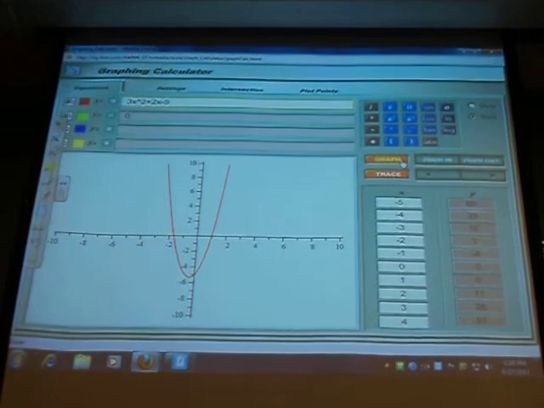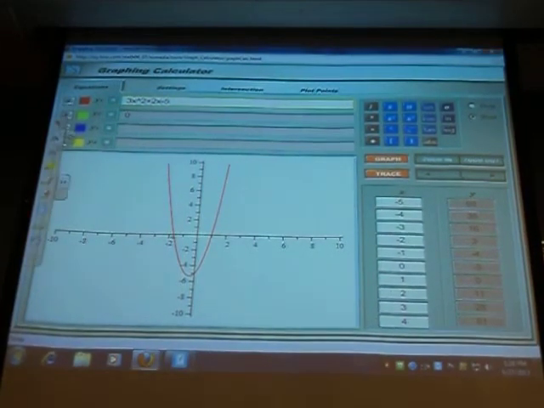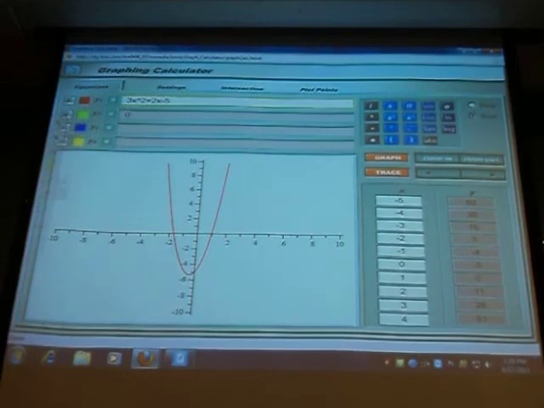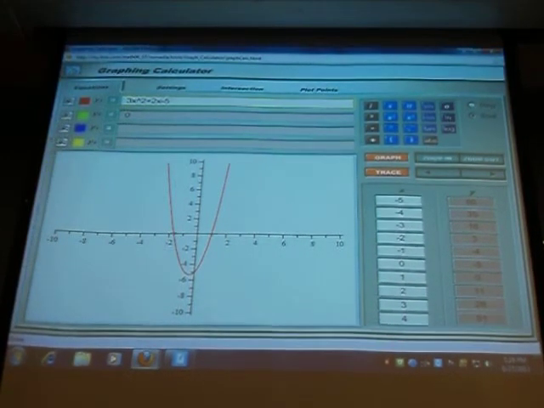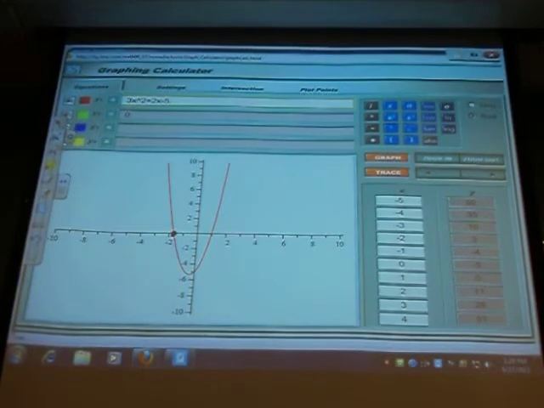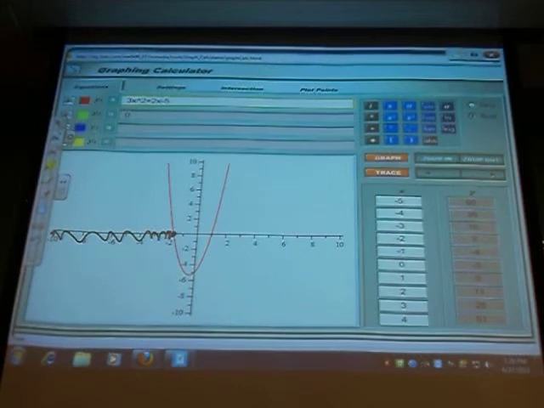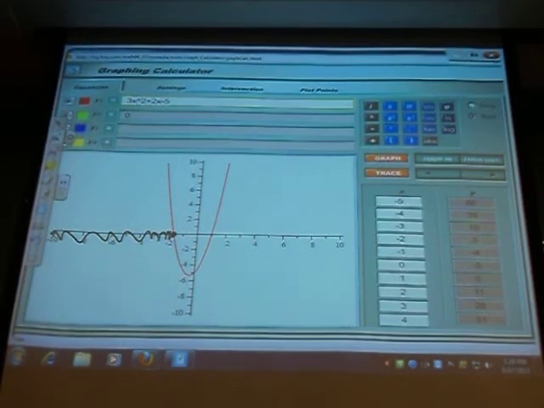Oh, come on, let me write, please. There we go. So it's positive from this point all the way over to the left, because that's where it goes above the axis. And it's positive from this point all the way over.